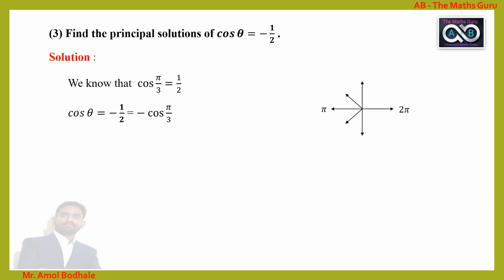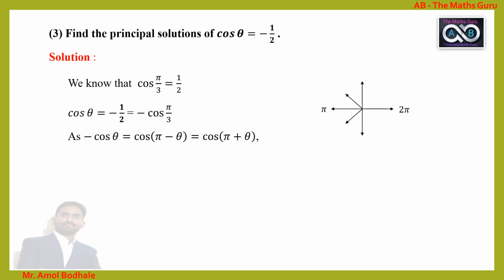So the second quadrant can be written as pi minus theta, and the angle in third quadrant can be written as pi plus some angle. So therefore by allied angle formulae, minus cos theta can be written as cos of pi minus theta or cos of pi plus theta.